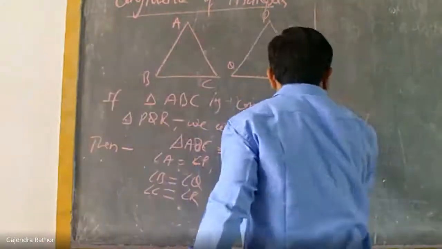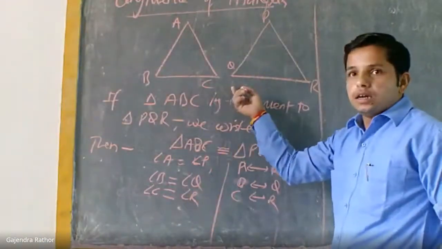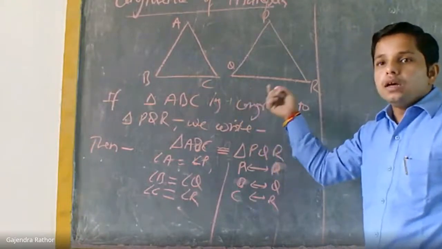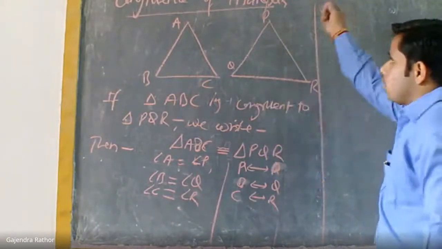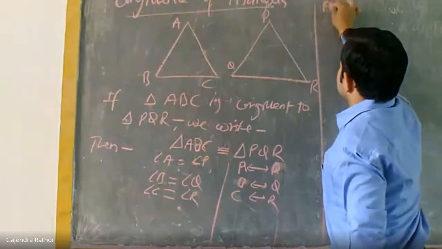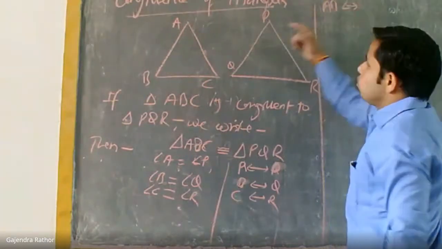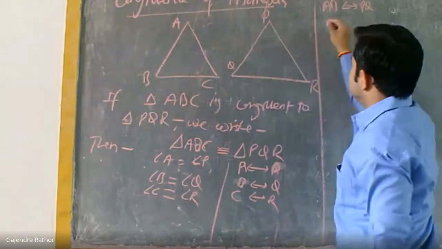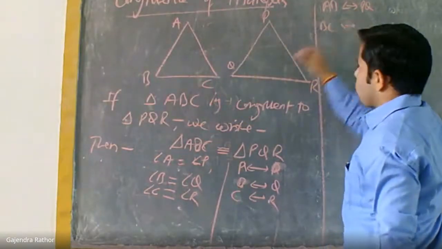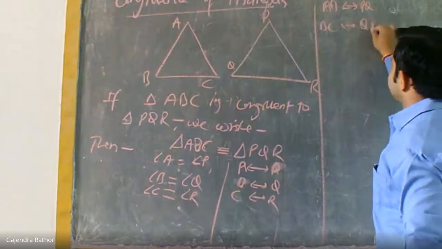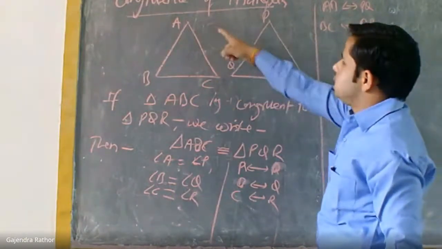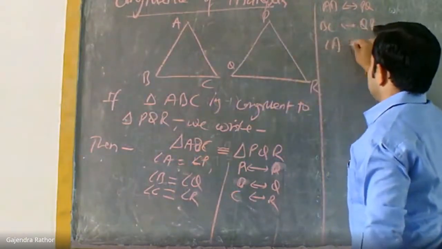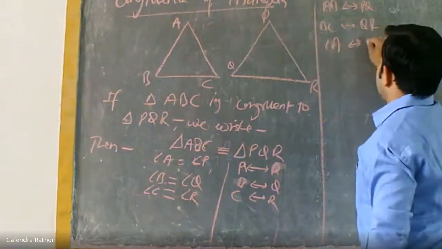And the third part, size. Their sides will also be congruent, will also be equal. What are the sides? AB congruent to PQ. Next, BC congruent to QR. The next, CA congruent to RP.